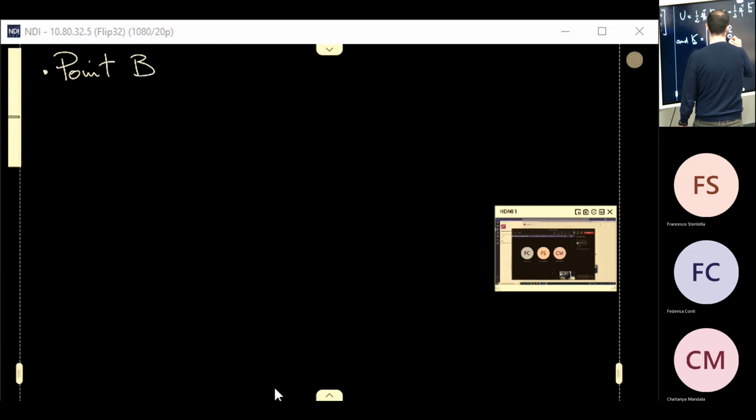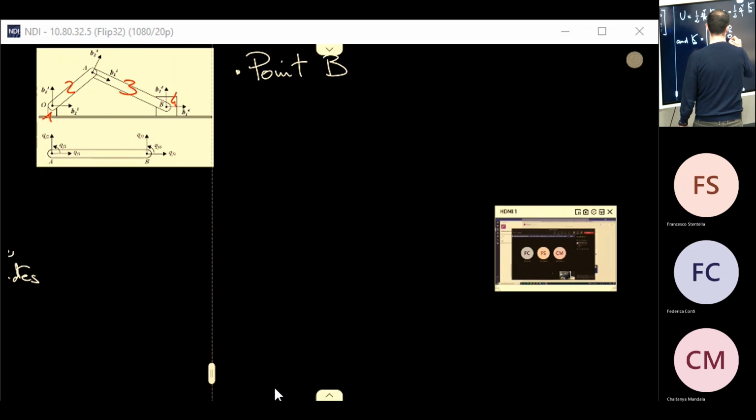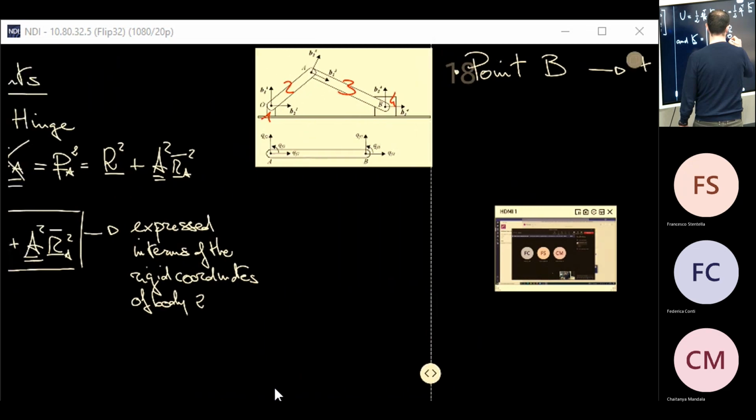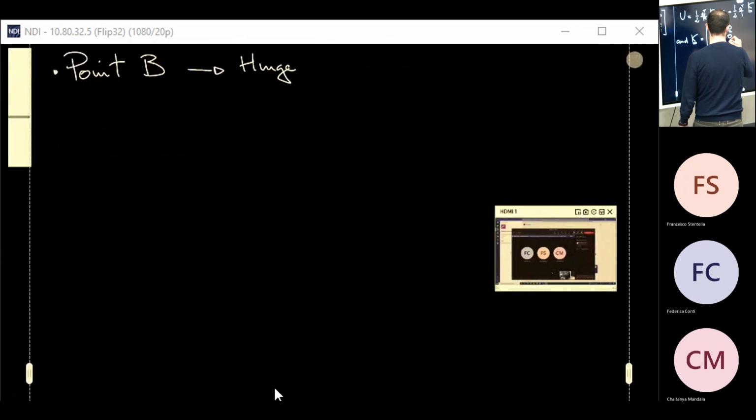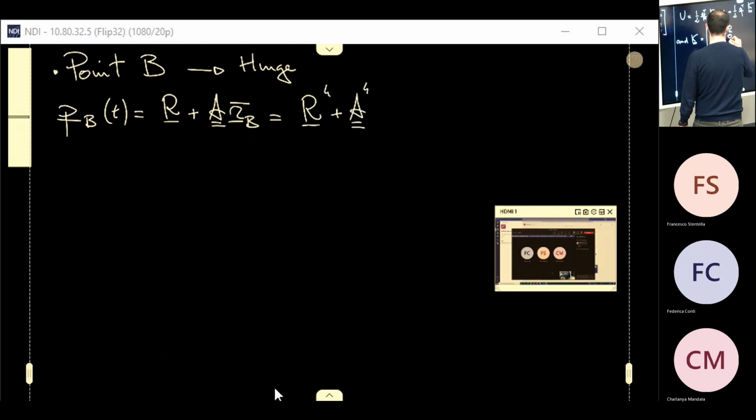In point B, again, we have a hinge. No? Well, then we have to write, as we have done here, that the position of point B in time is equal to R plus A R B, must be equal, in this case, to R4 plus A4 RB4.